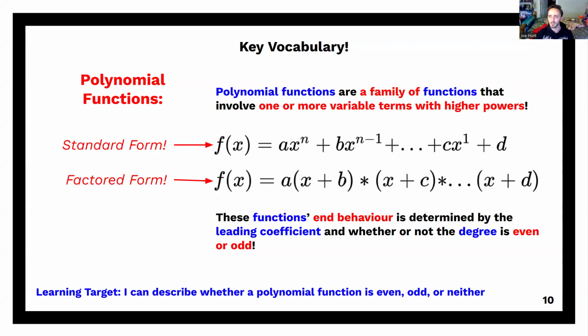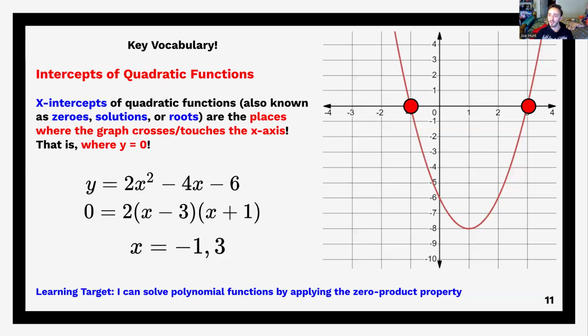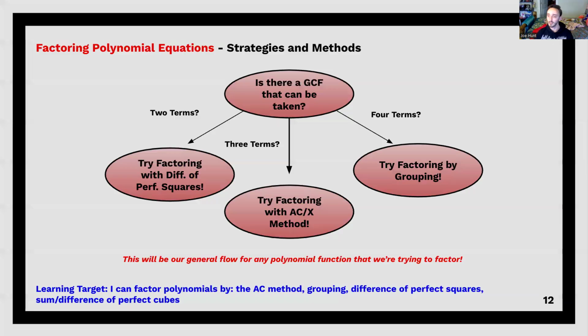So oftentimes we're going to start in standard form, and what we're developing an intuition for today is how to convert from standard form for polynomials into something like factored form, where once I have it in factored form, I might be able to think, okay, how do I find the roots where the graph is intersecting the x-axis, like quadratics? And just like we saw with quadratics, oftentimes that's going to involve a process of factoring strategies and then an application of the zero product property.